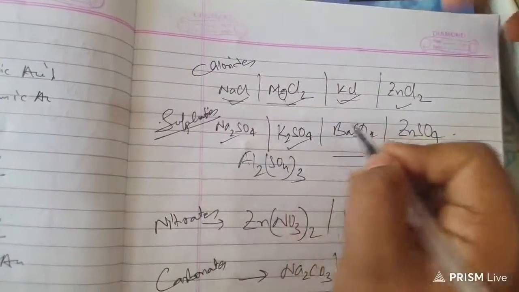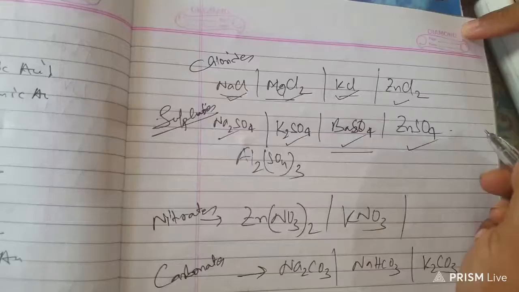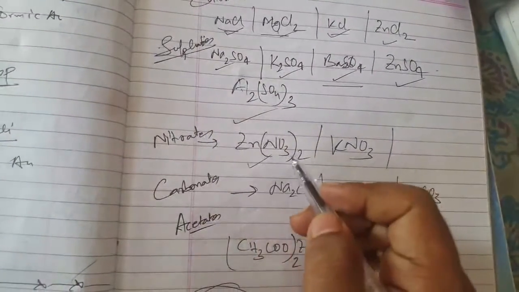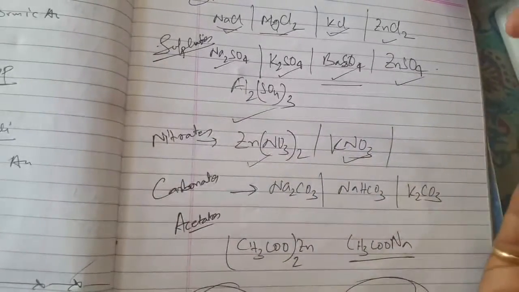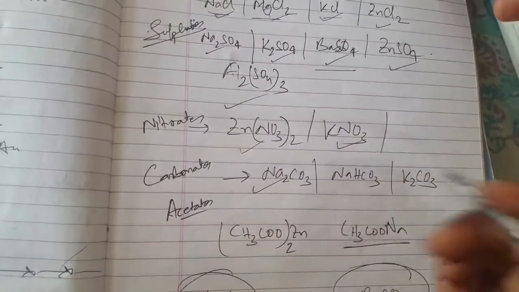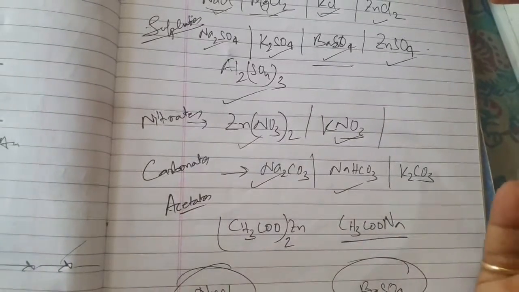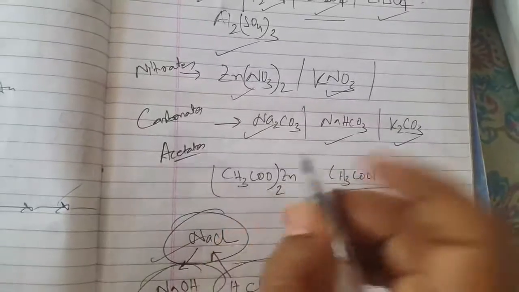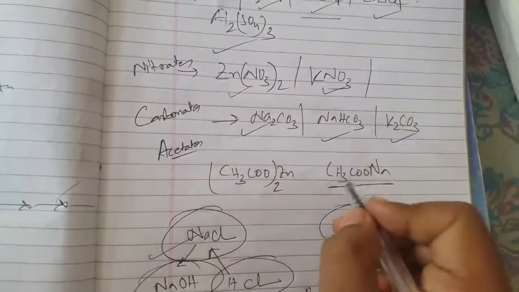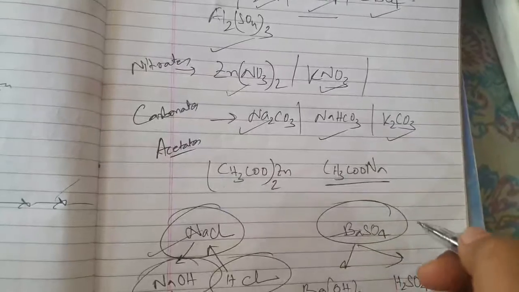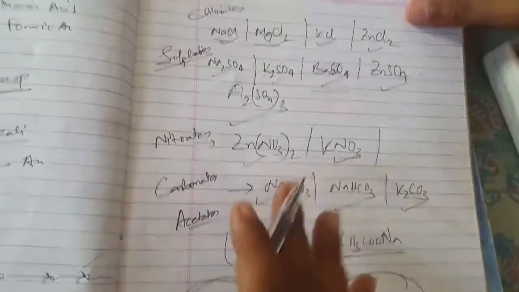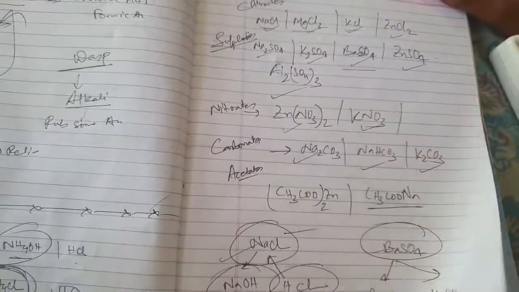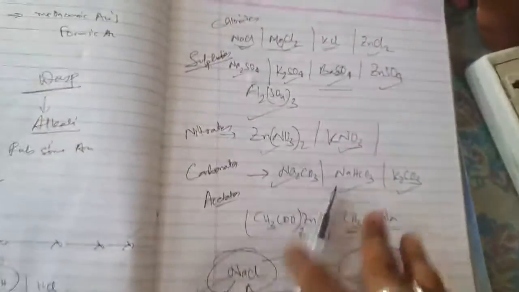NaOH plus H2SO4, KOH plus H2SO4, Ba(OH)2 plus H2SO4, Zn(OH)2 plus H2SO4, Al(OH)3 plus H2SO4, Zn(OH)2 plus HNO3, KOH plus HNO3, NaOH plus H2CO3, KOH plus H2CO3, then CH3COOH plus Zn(OH)2, CH3COOH plus NaOH. So all these things we can understand. I hope it is clear. You can also do it. Now when you know this, I will tell you one important thing in the next video.